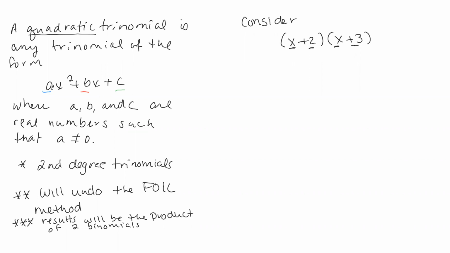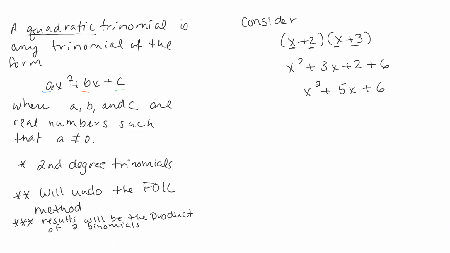And that just gives you an order to multiply these terms out in. So what we would do is we would take, okay, x times x is x squared. X times 3 is 3x. 2 times x is 2x. And 2 times 3 is 6. And then after that, you would simplify. So we would have x squared plus 5x plus 6.